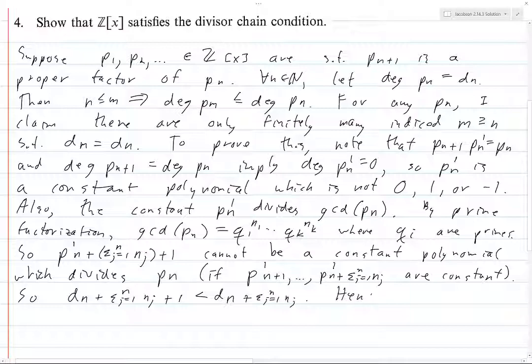So hence, and of course I could go into more detail here, the sequence P1, P2 is, or rather it terminates. Because every time you go from Pn to Pn plus 1, the polynomial either decreases in degree, or you decrease the greatest common divisor of the coefficients.